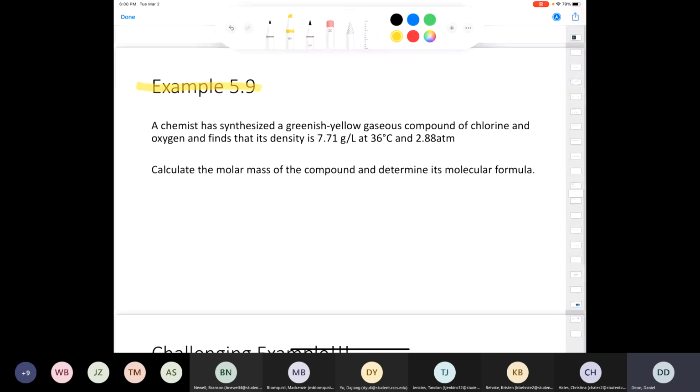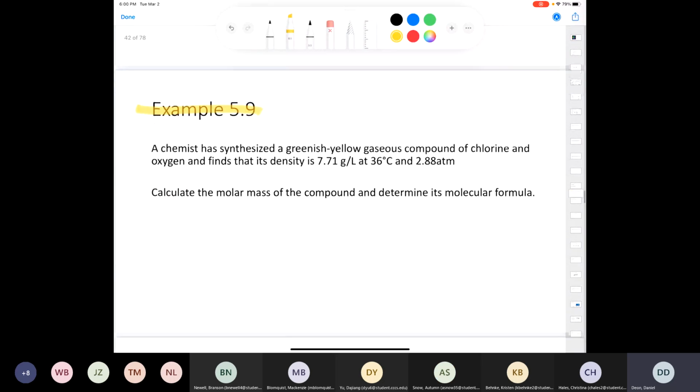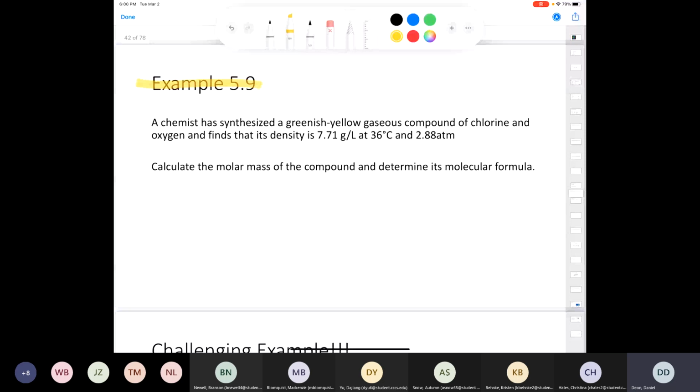I would like you to at least read up to there and try all the problems up to and including example 5.9. We're going to take a look at the examples on Thursday, but I'd like to go through them kind of quickly because we've covered the main points.